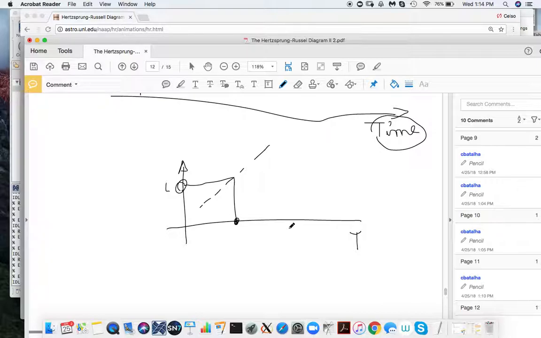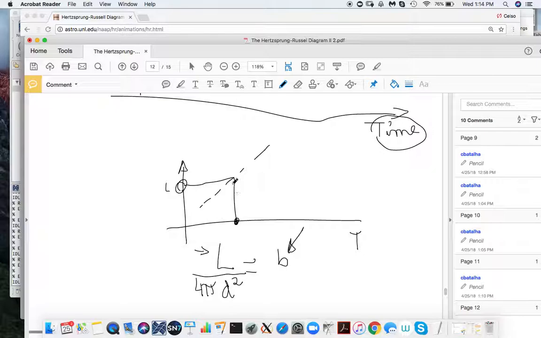And why is this important? It's important because, as we saw previously, the luminosity of a star divided by 4 pi times the distance to the star squared is equal to the brightness. Brightness is what we observe.